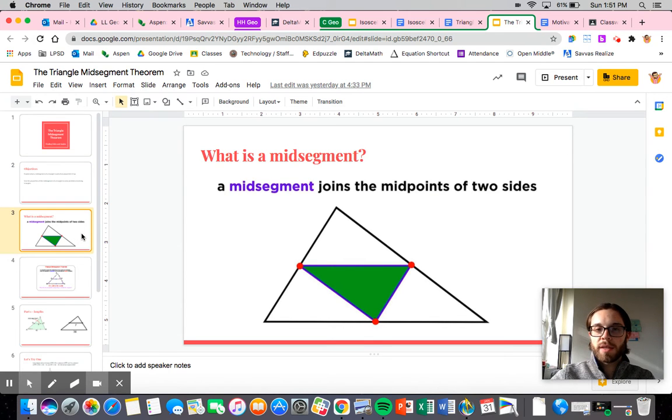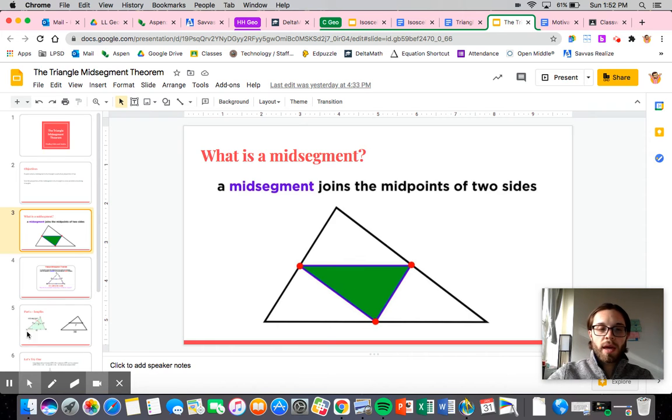Well, a midsegment is just a segment that is joining the midpoints of two sides of a triangle. As you can see here, we have this midpoint, and this midpoint, because there's three midpoints. We're only connecting two at a time, so we can ultimately make 1, 2, 3 midsegments.